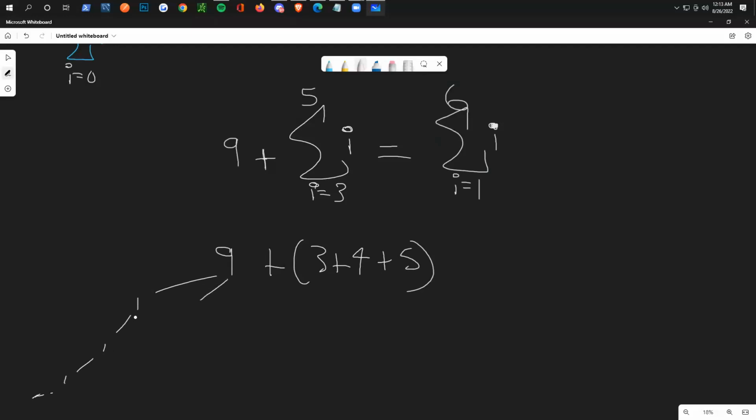We can add 1, 8, or 1, 1, 1, 7, etc. But if we think about terms that can compose 9, we can think of plus 3 and plus 6. So now we have 3 plus 6 plus 3 plus 4 plus 5.